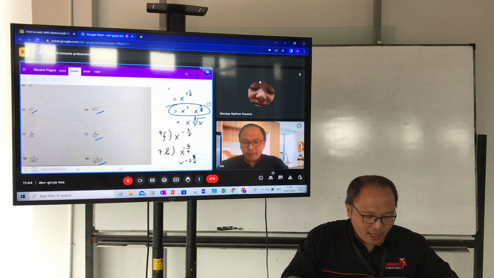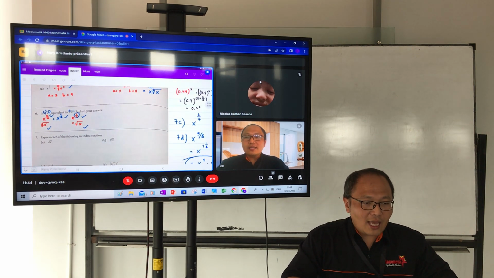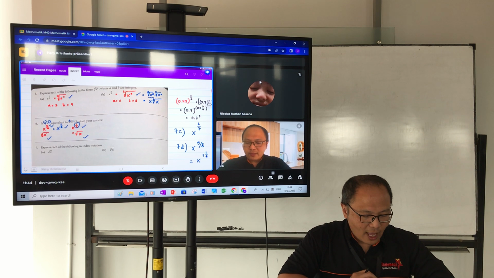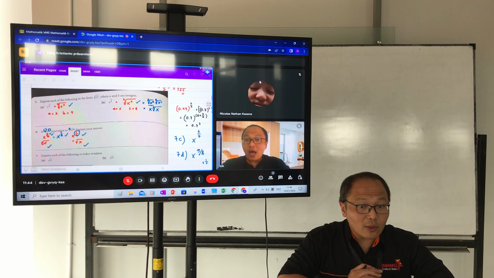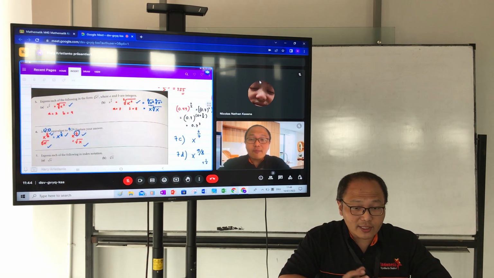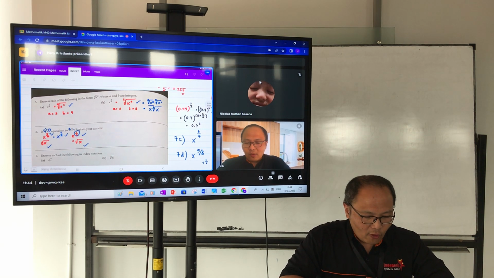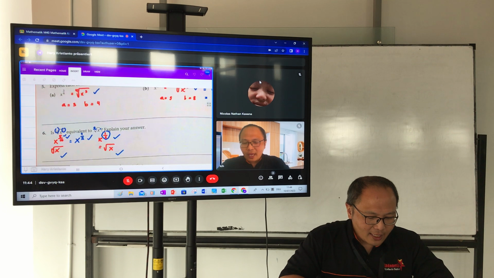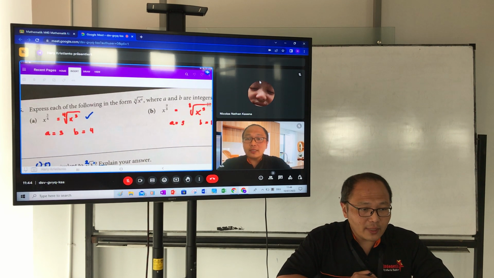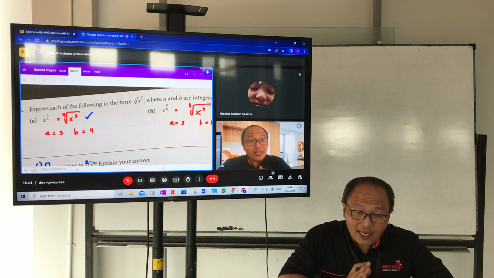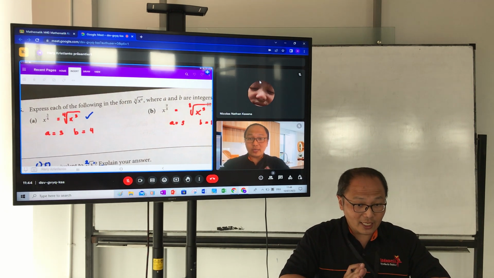Okay, never mind. Last time we did the exercise with the index law. Several problems like number 5, we know how to have rational numbers as the power, as the indices. For instance, if we have x to the power of 3/4, it means you have the fourth root, but then the x is raised to power 3.